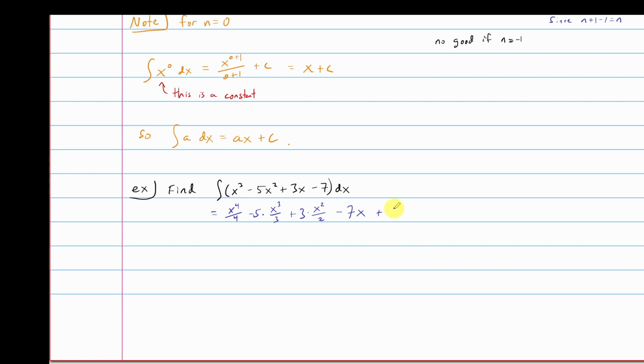And then, of course, at the end, we add in our constant c. And that's basically it. There's no simplifying I can do here. I can rewrite this to make it look a little bit nicer. So I have 1/4 x to the 4th minus 5/3 x cubed plus 3/2 x squared minus 7x plus c. And that's it.